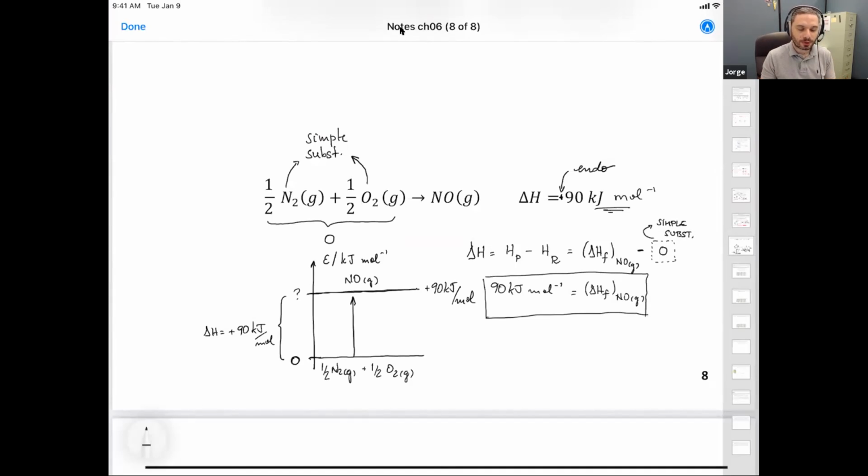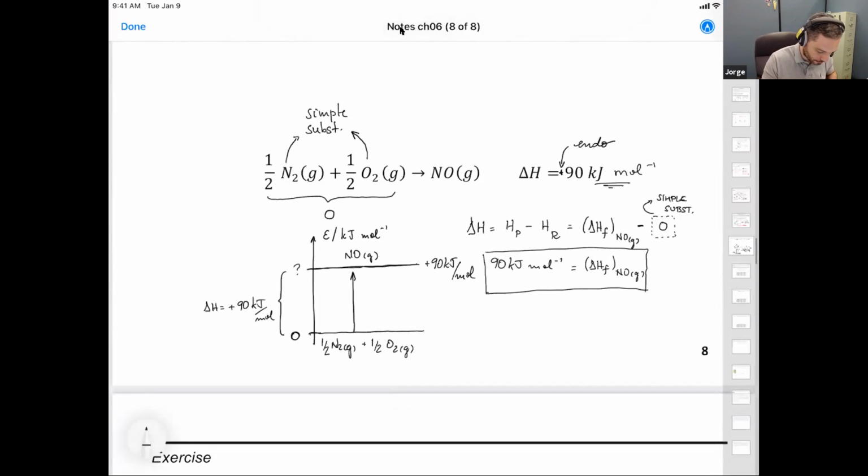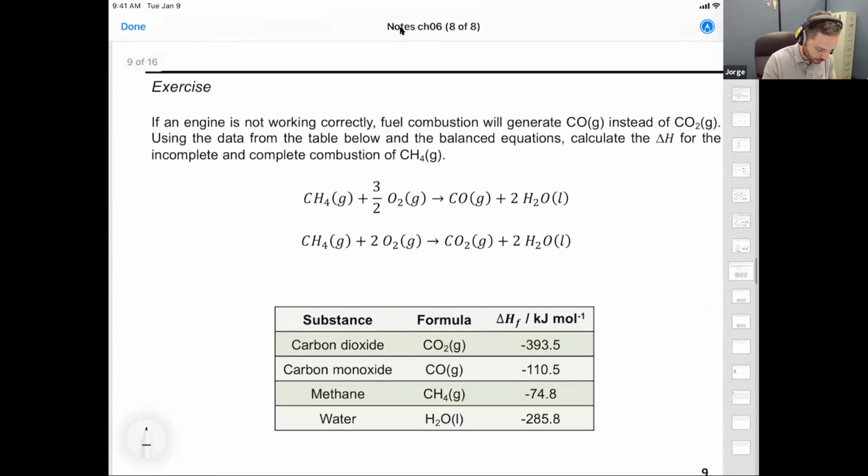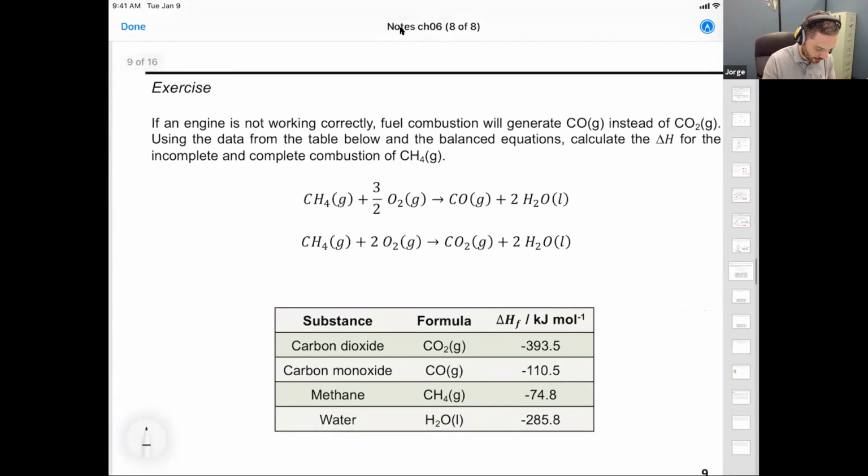Okay, so now let me show you how you're going to use the delta H of formation for each chemical substance to help you find the delta H for any chemical reaction. So let's do an exercise.